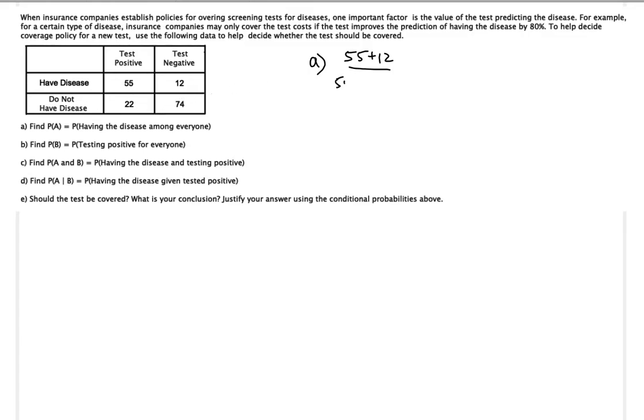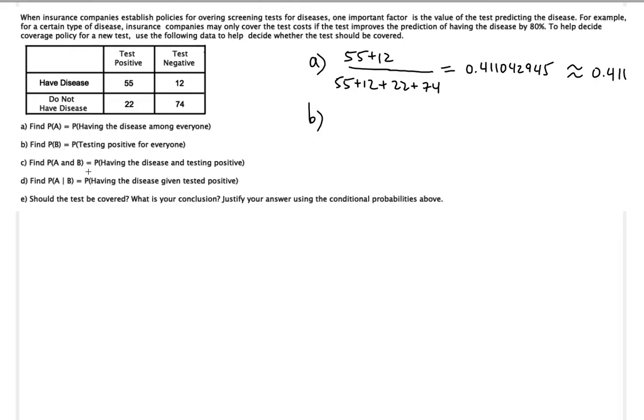So 55 plus 12 plus 22 plus 74. So you do this, and you should have something like this in your calculator. 945. So we're going to round it to 3 decimal places. About 0.411.